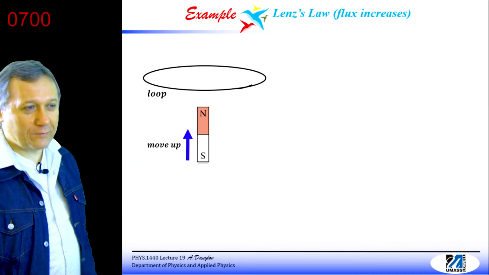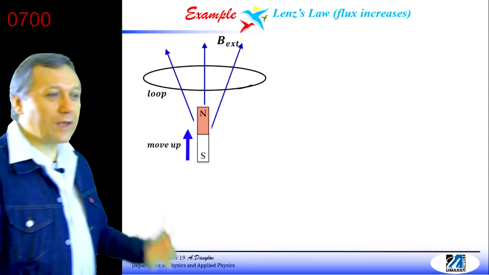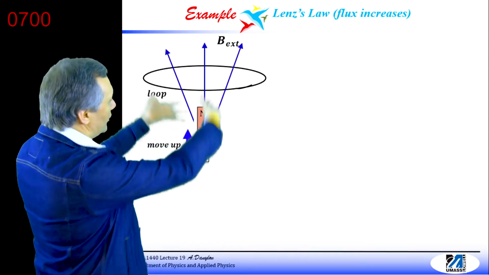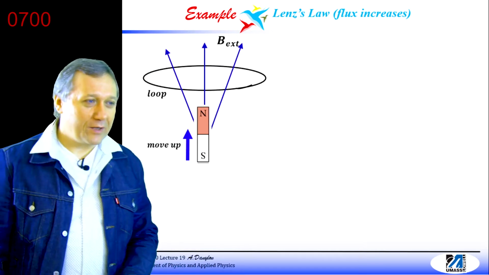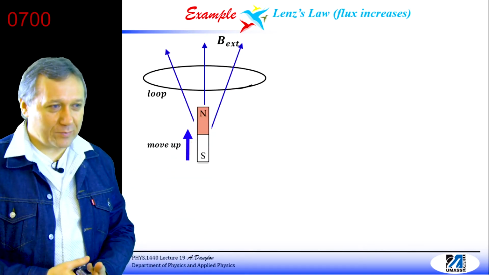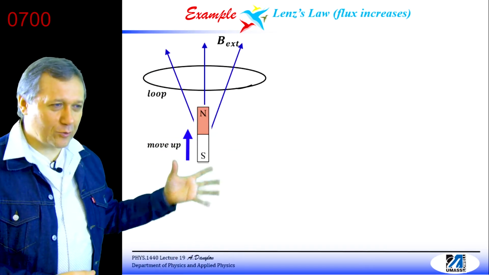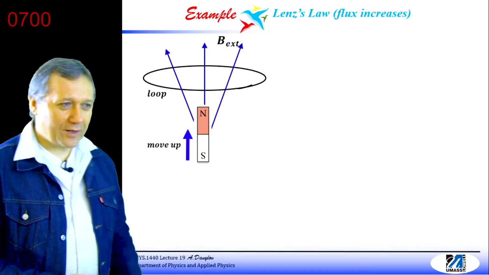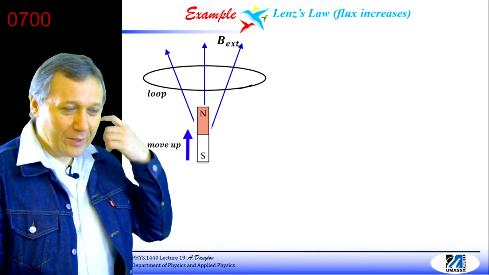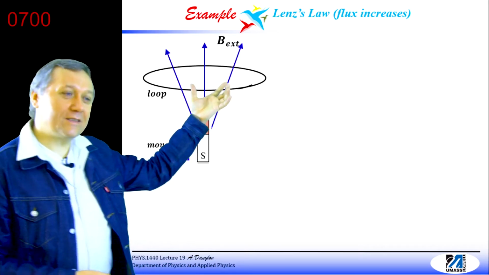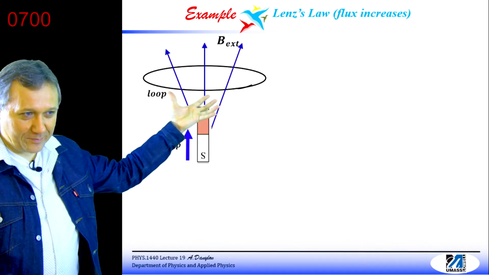Let me draw a few magnetic field lines. I know these magnetic field lines should have a sort of curved shape. I was lazy to draw curved lines, so I just drew straight lines. It's not a big deal. So this is our external magnetic field.